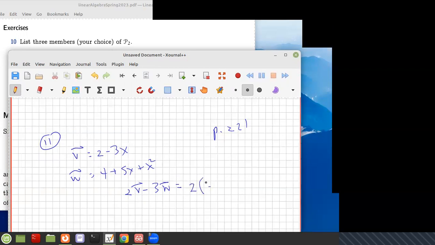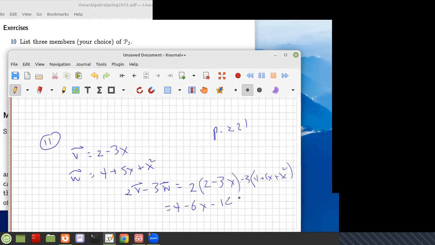So you have 2 times (2 minus 3x), minus 3 times (4 plus 5x plus x squared), which is going to equal 4 minus 6x minus 12 minus 15x minus 3x squared, which equals minus 8 minus 21x minus 3x squared.